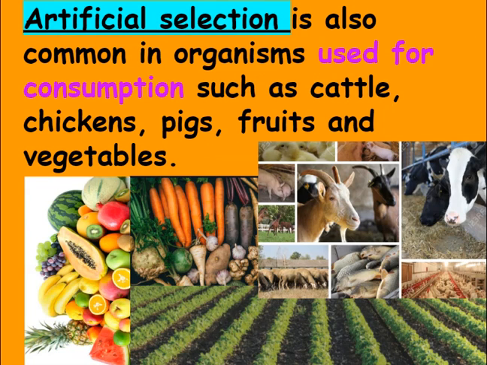It says artificial selection is also common in organisms used for consumption, such as cattle, chicken, pigs, fruits, and vegetables. So all those things, man has controlled the breeding of those animals and the plants, and we've got it down to a science for maximum production, largest fruits, sweetest fruits, largest vegetables, most disease resistant, all these things, the biggest cows that produce the most milk, all that is due to man's artificial selection and selective breeding of these organisms for generations, for really hundreds of years.